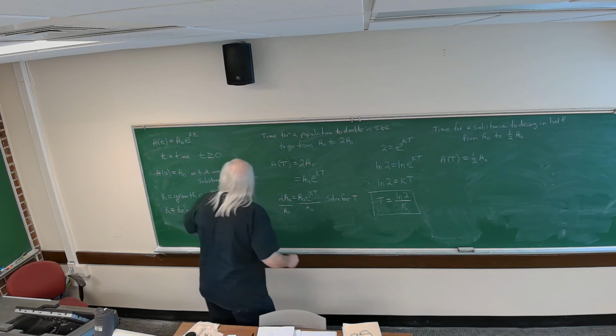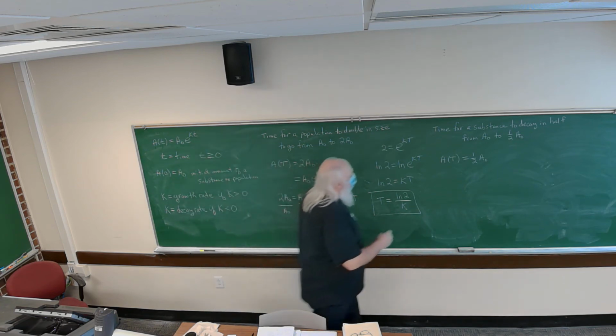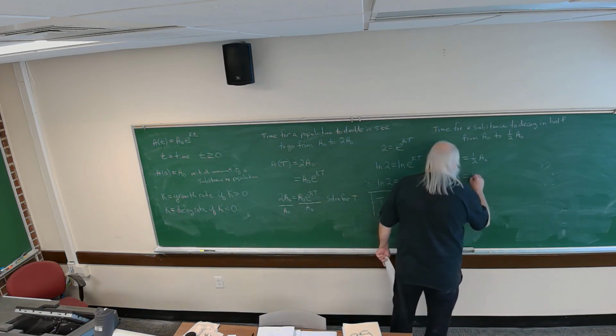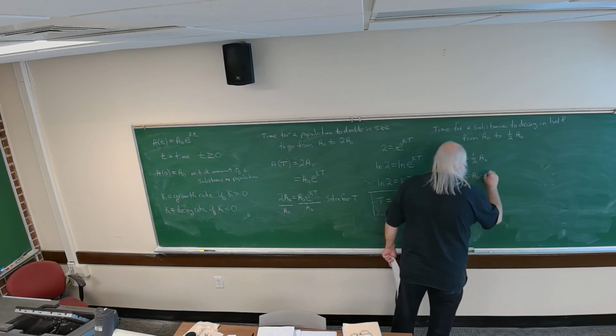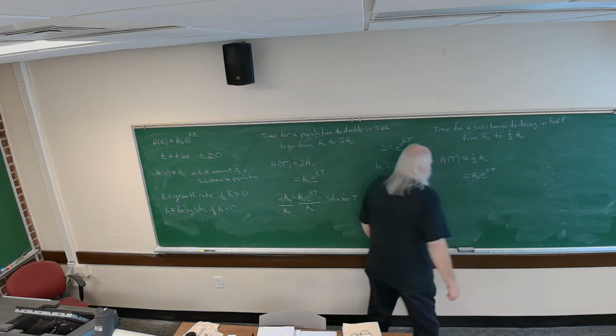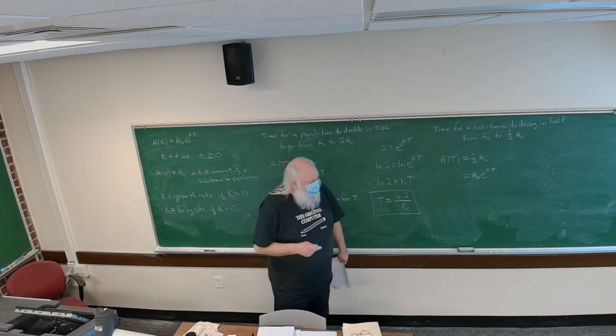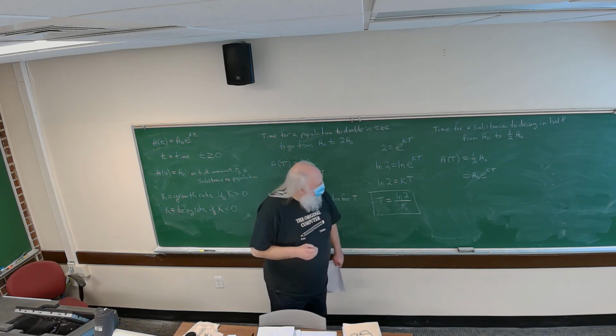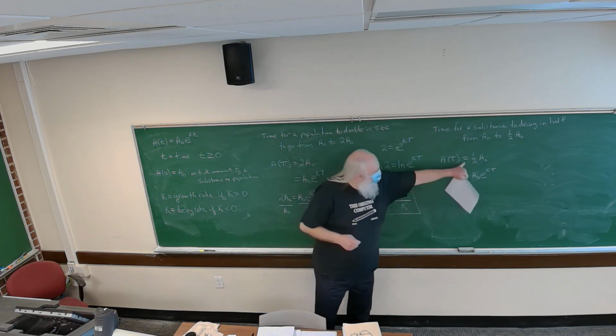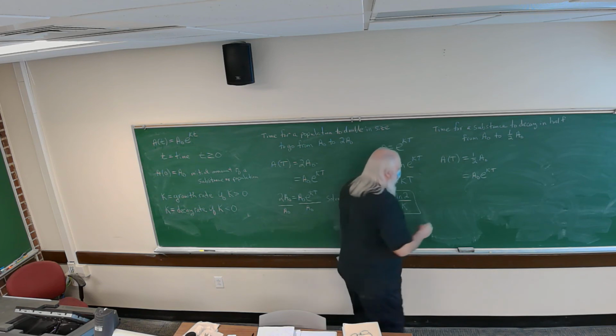And on the right hand side of our model, that's also equal to a sub 0 times e raised to the k times big T power. So on the right hand side, these two have to be equal.